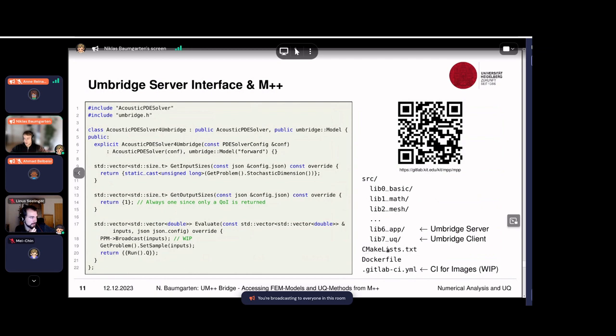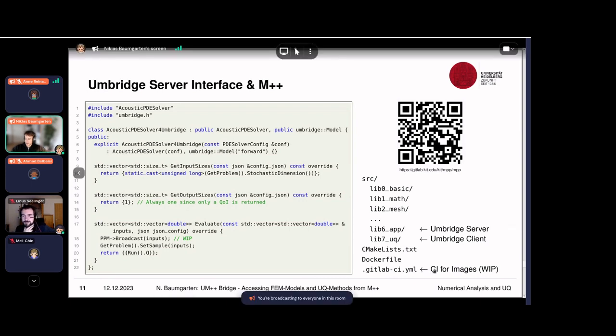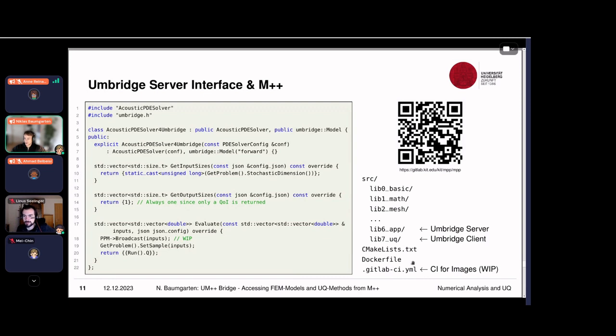And again, depending on how you compile the code, you can compile it with Umbridge server, Umbridge client, or without Umbridge at all. And this is all handled by the Docker file in the project root. We heard yesterday, and I talked about CI. So we use continuous integration for this code as well.